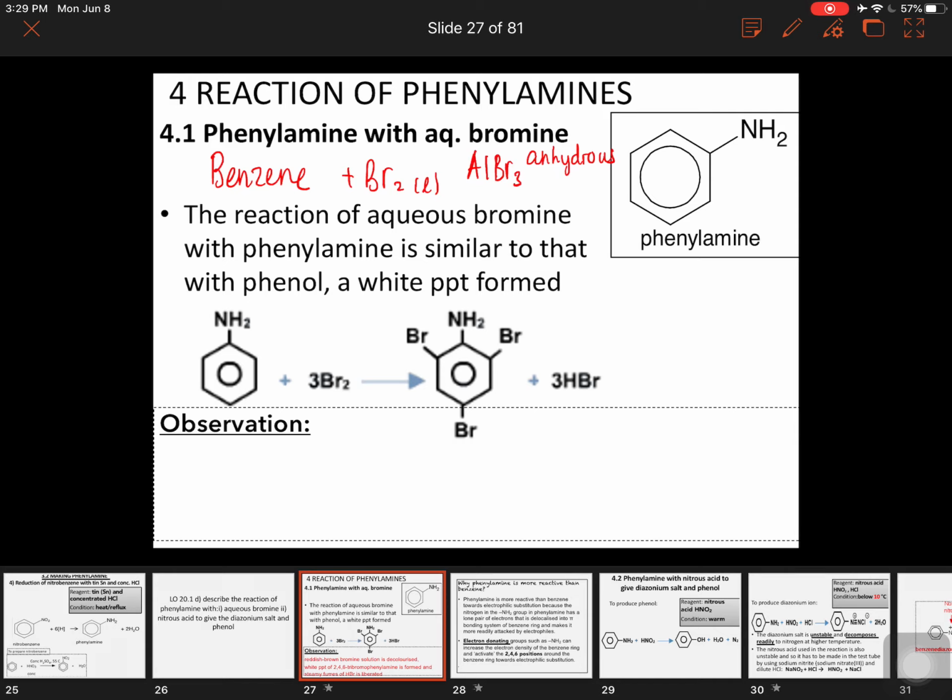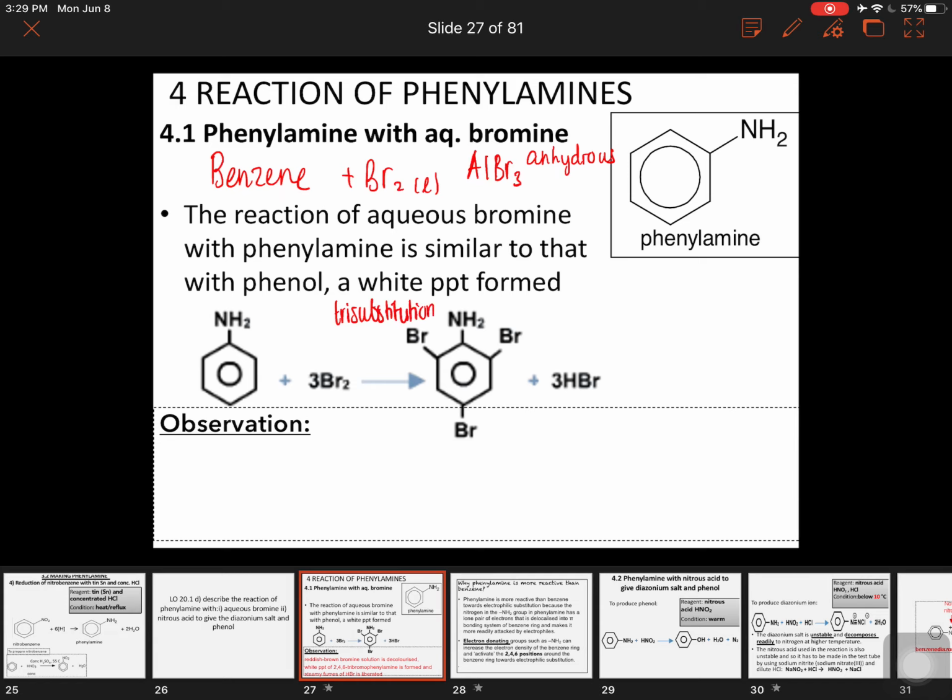Okay, for phenylamine, you will see that you do not need a catalyst to react phenylamine with bromine. You can use aqueous bromine or bromine water. It means the same thing. And for phenylamine, there is a tri-substitution happening.